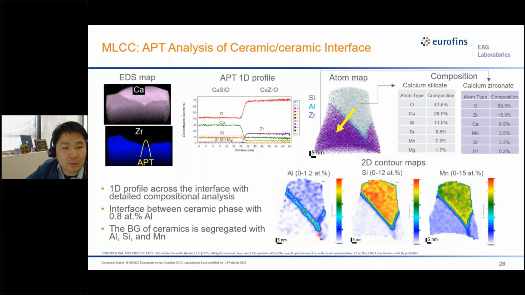And on the bottom will be the grain boundary between the primary phase that is also enriched in manganese, silicon, and some small amount of aluminum. So this detailed analysis provides a good visualization of the elemental distribution on such a complex structure, and we can achieve quantitative measurement for phases or grain boundaries.